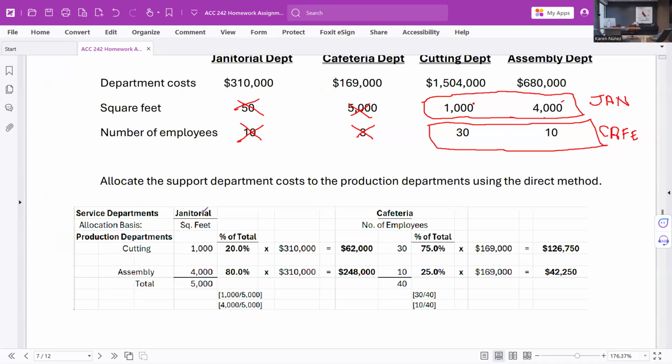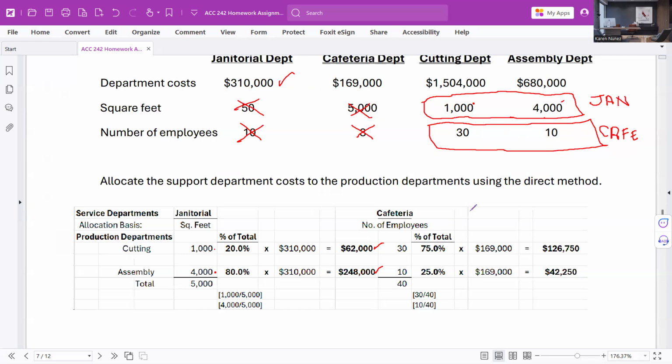There it is. Janitorial, square feet, 1,000 and 4,000. 1,000 divided by the total 5,000 is 20%. 4,000 divided by the total 5,000 is 80%. And the cost? Janitorial has a cost of 310,000. Multiply the percentage times the cost. That's our allocation. The percentage times the cost. That's our allocation.